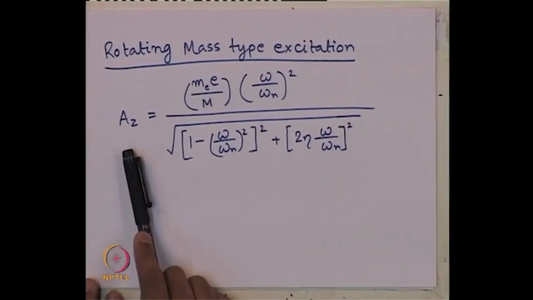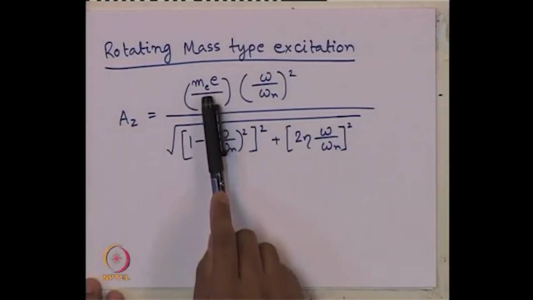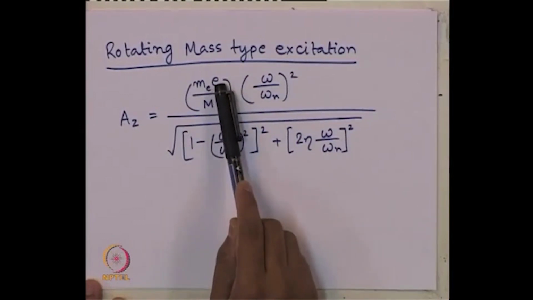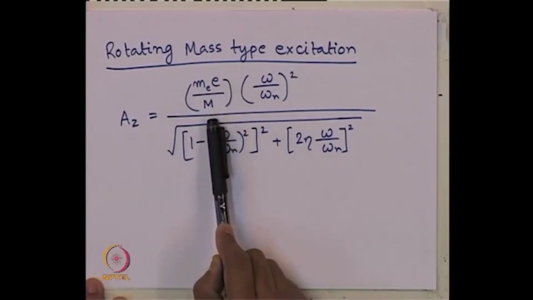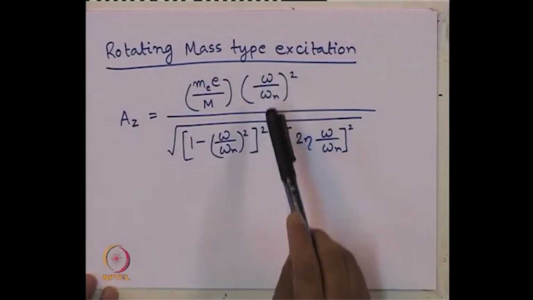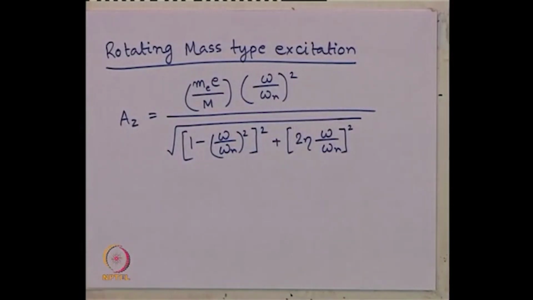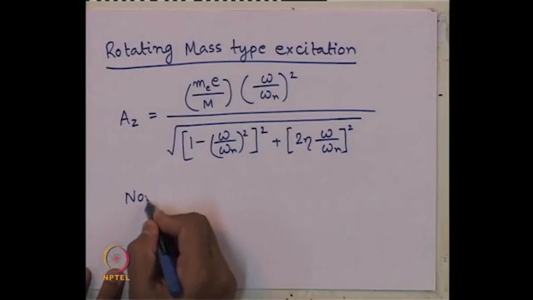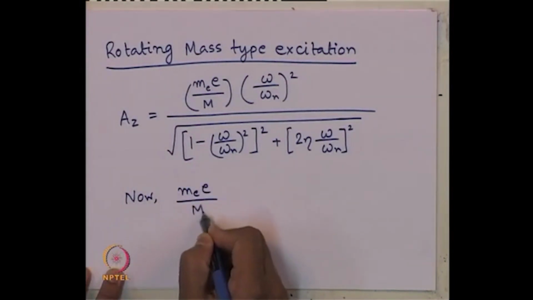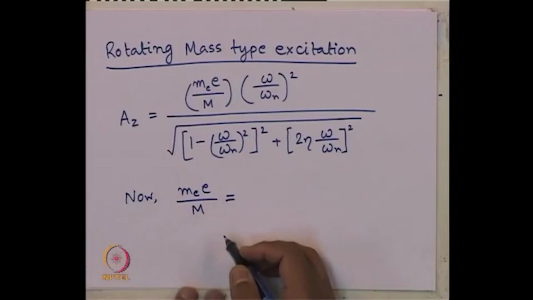This is at operating frequency, given by this expression, where this m e is nothing but eccentric mass, e is amount of eccentricity, m is total mass of the system, omega and omega n are exciting frequency and natural frequency. Okay. So, now for this m e e by m, this value is given to us. What is given?